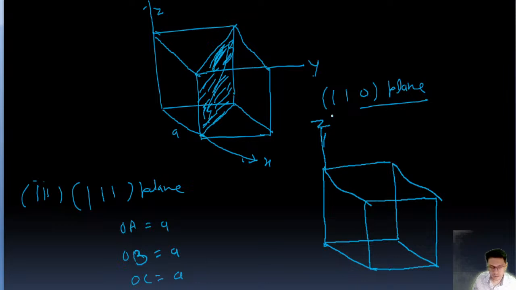So this is the z-axis, this is the x-axis, and this is the y-axis, right? So the plane which is intercepting x, y at a is going to be like this. This plane is going to be like this, guys.